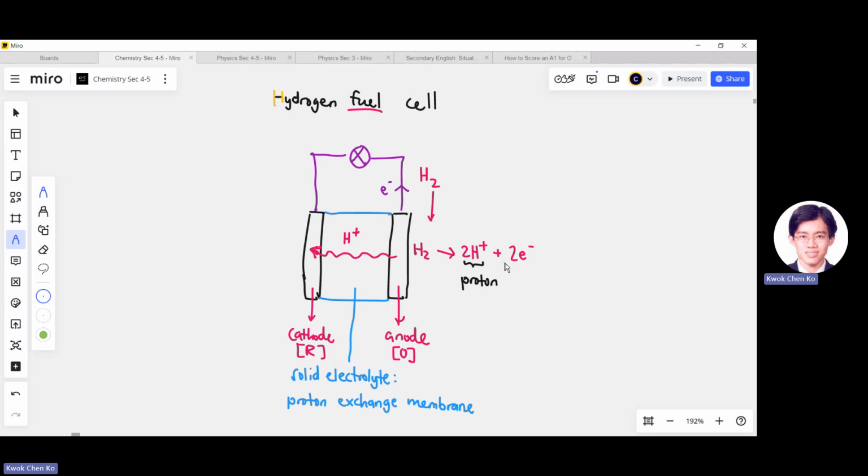H plus goes across the membrane to the cathode. Electrons go into the circuit, and of course, it is going to light up this bulb. But how about here? The cathode is still reduction. What is going to be reduced? Now, for that, I need something else. I need to pump in O2, or sometimes air. But it's the O2 that's reacting.